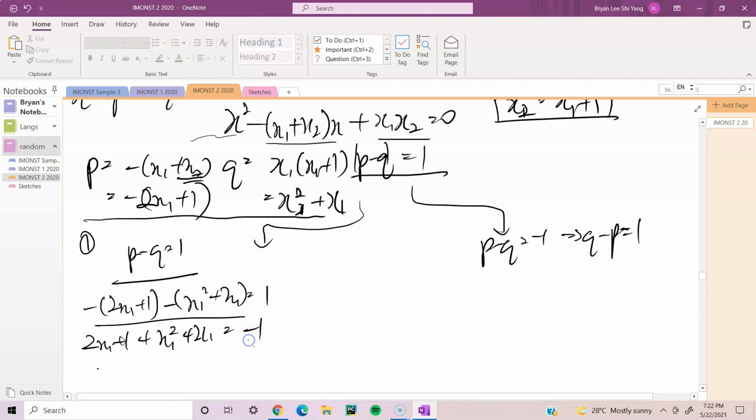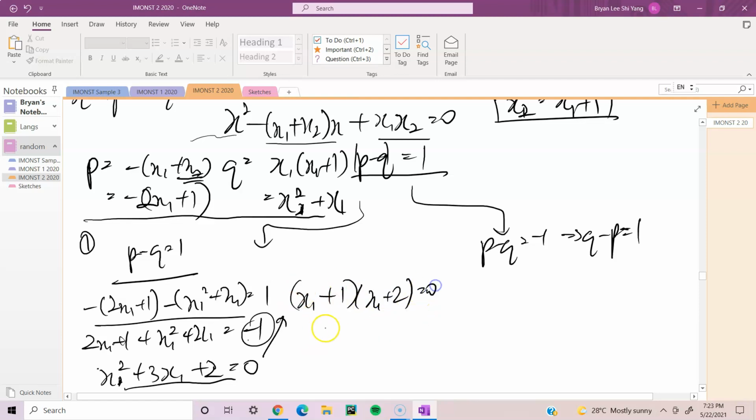Then we add 1 to both sides, so we have x1 squared plus 3x1 plus 2 equals 0. This can be further broken down into x1 plus 1 and x1 plus 2 equals 0. So x1 equals -1, and x1 equals -2.